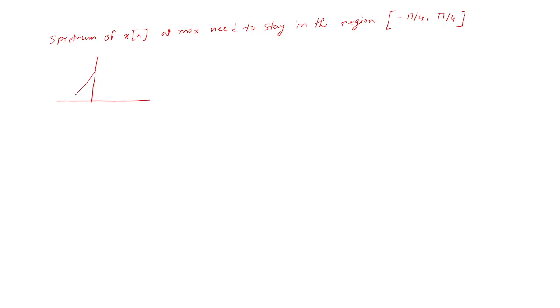So as we are discussing the spectrum of xn, at max it needs to stay in the region minus pi by 4 to pi by 4.